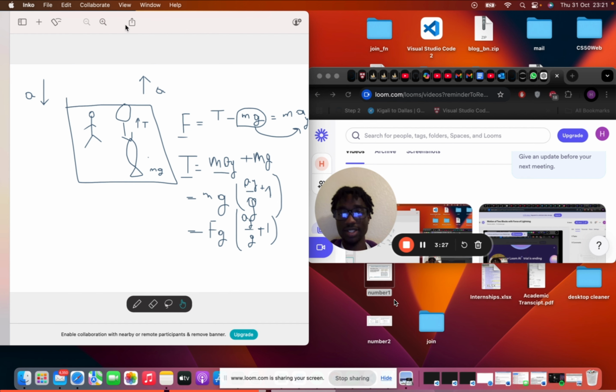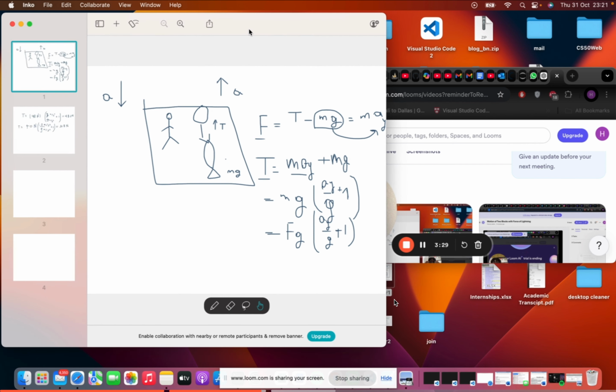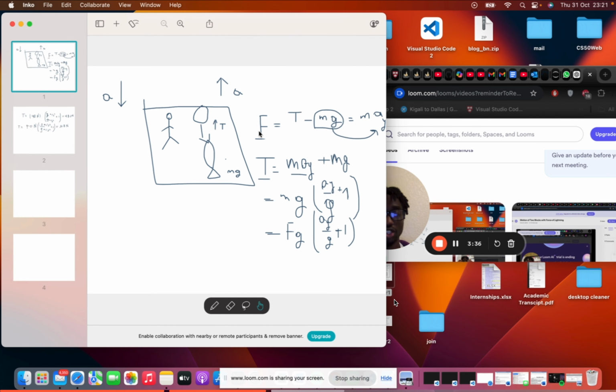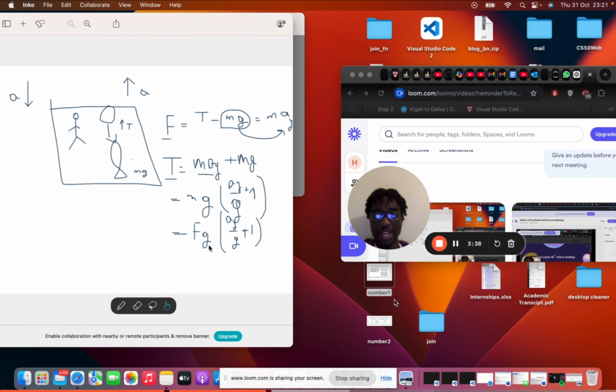Part A is asking us, will the weight read by the scale change? In this formula, you can see that if our acceleration is high, our tension scale will read a higher weight.